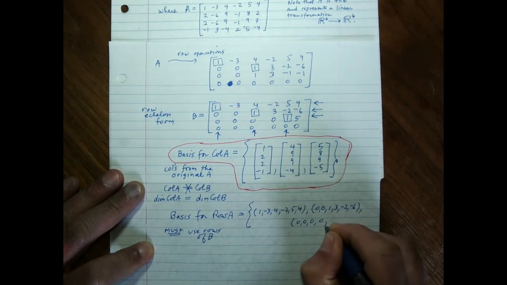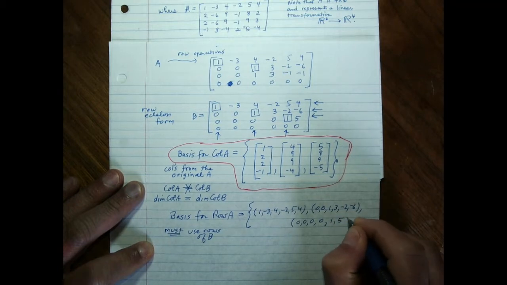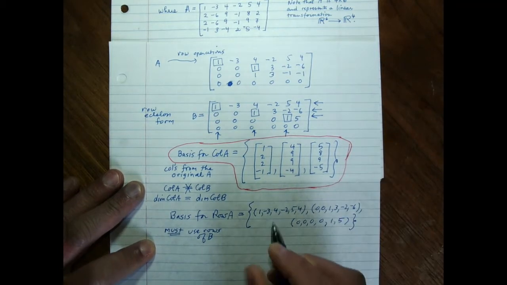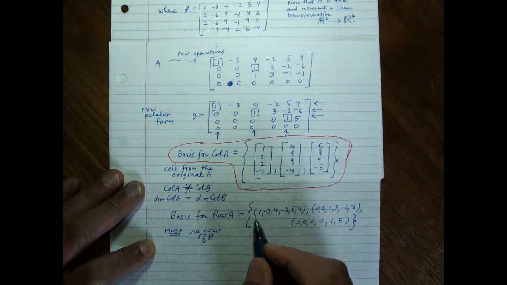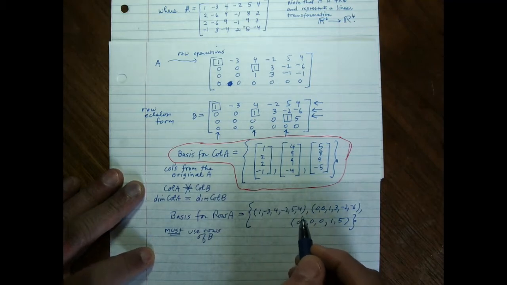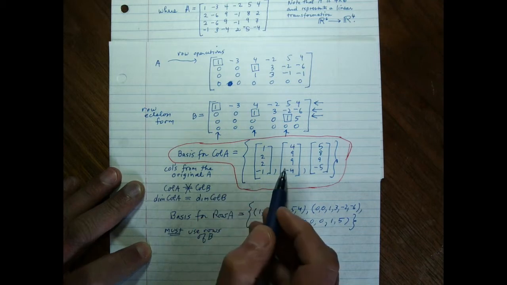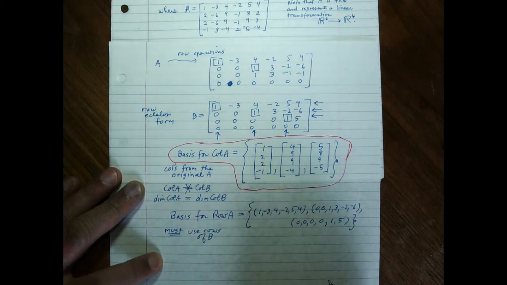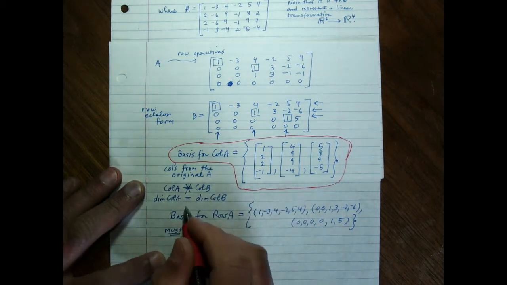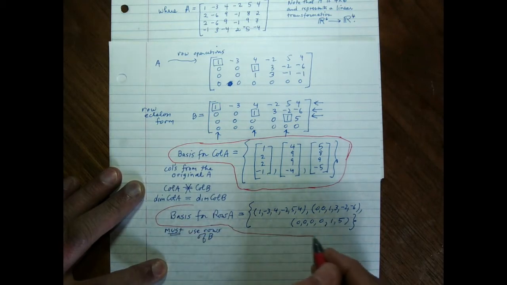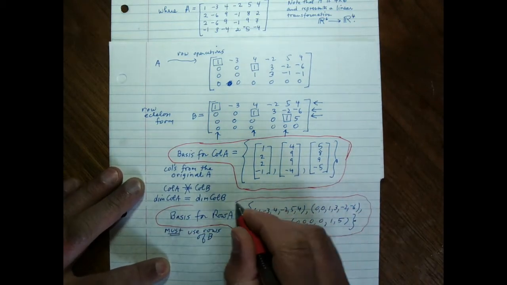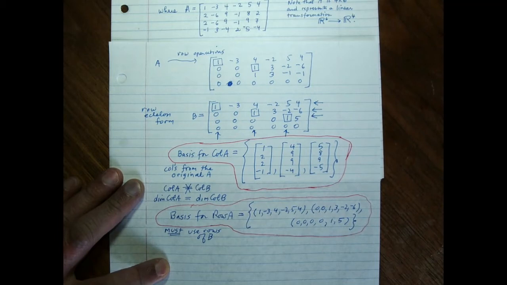So those are all vectors with 6 components. Those are vectors in R6, as opposed to the column vectors, which are vectors in R4. And that's it. Once I'm in row echelon form, I just copy down the rows with pivots, and that's going to be my basis for row A.